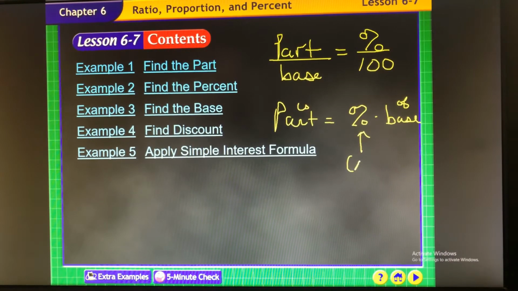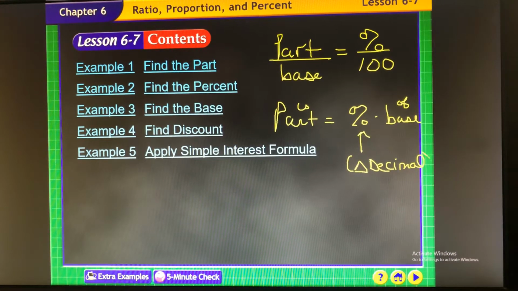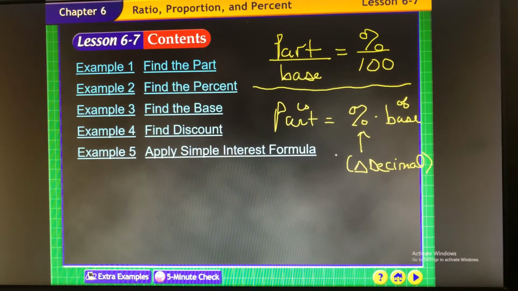You have to change it to a decimal. So it's like you got an extra step to do where you didn't have to do it when you did proportions, okay?